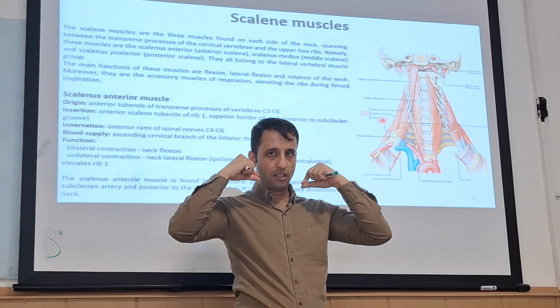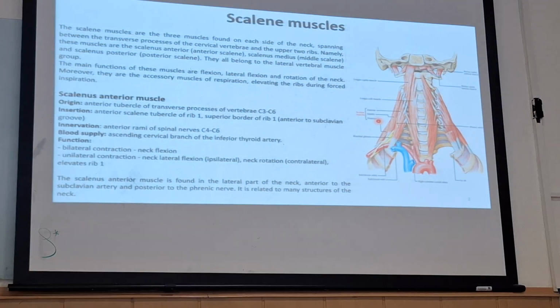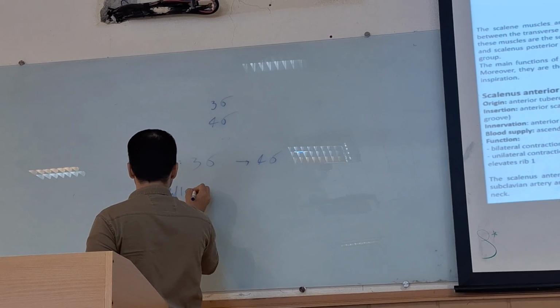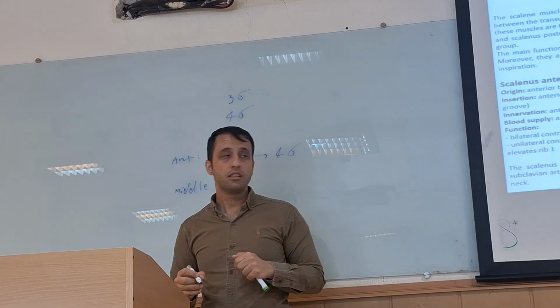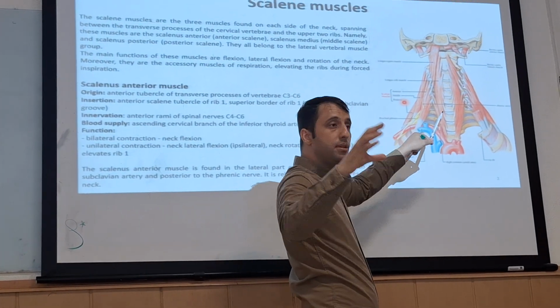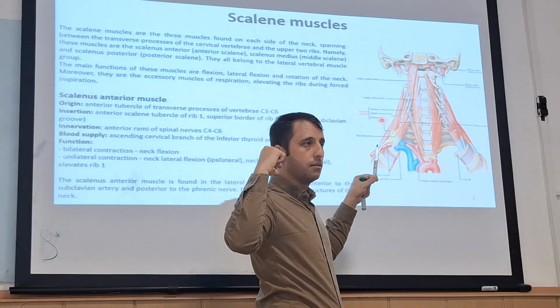So it is flexion. Another scalenus muscle is middle scalene. Look at here, it is middle scalenus muscle. It is the biggest scalenus muscle in the posterior triangle.